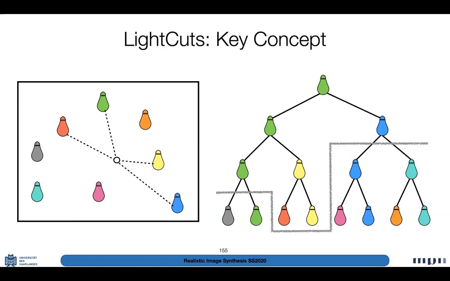The way to recursively stop this query of the light tree is that you either stop when you hit the corresponding leaf nodes, or when the corresponding power of the light source, with respect to your threshold, is let's say low.